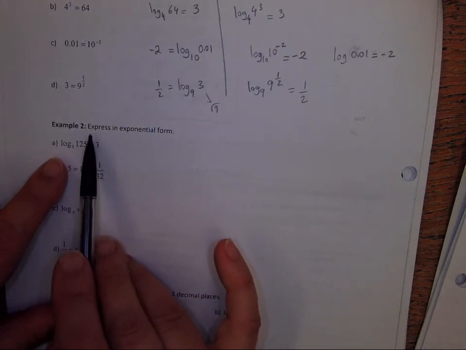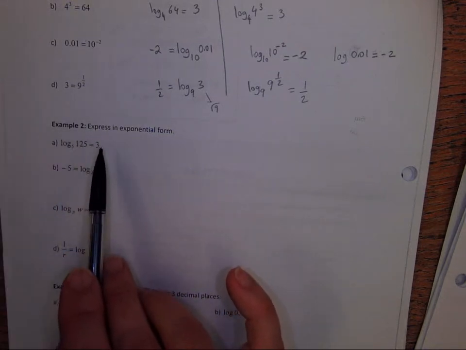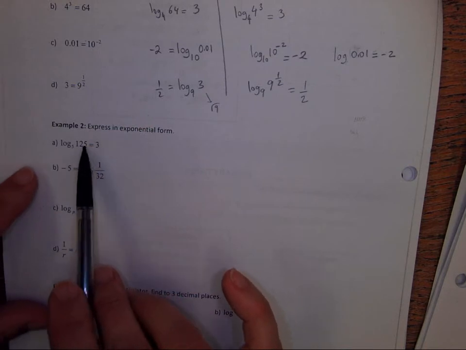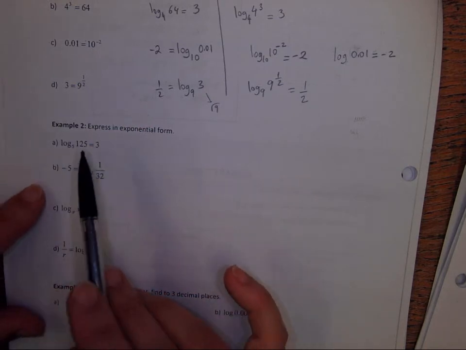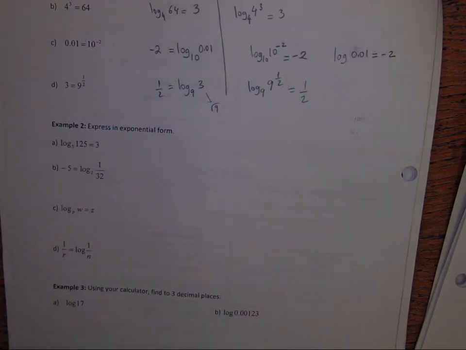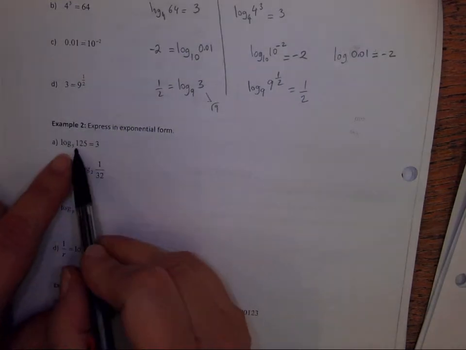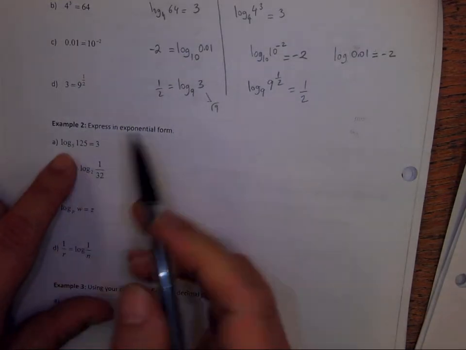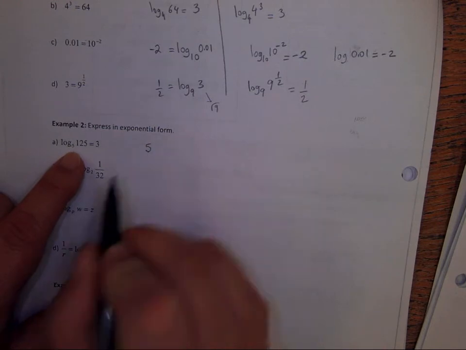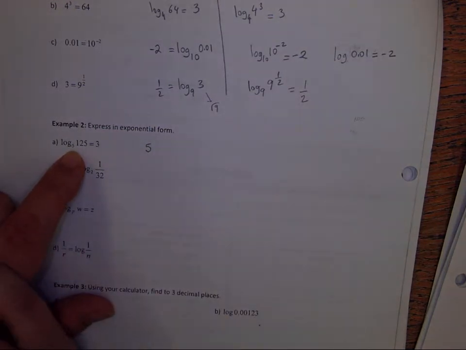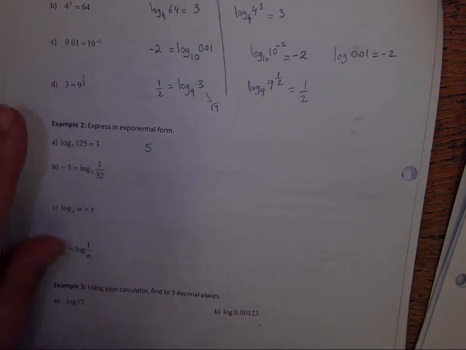Okay, now let's look at example 2. This time they are giving you the logarithmic form, and you're going to put it in exponential form. So we are doing kind of the opposite, right? So we are going to take the base of the logarithm, make it base of the exponent, other two values switch sides.